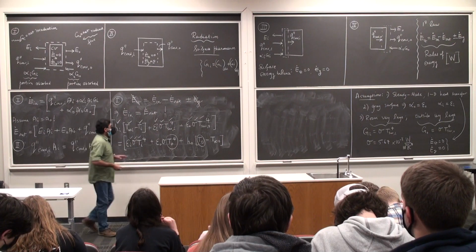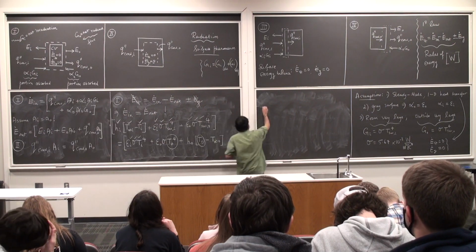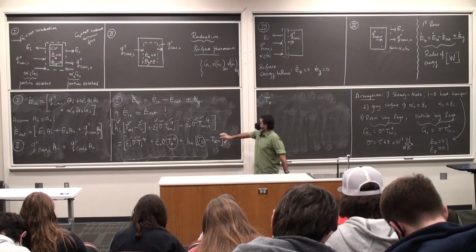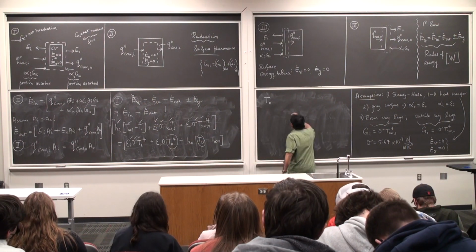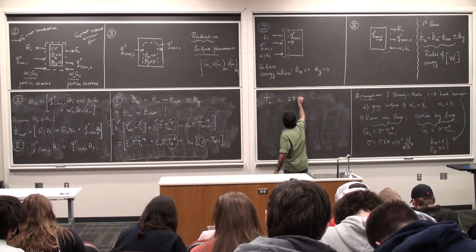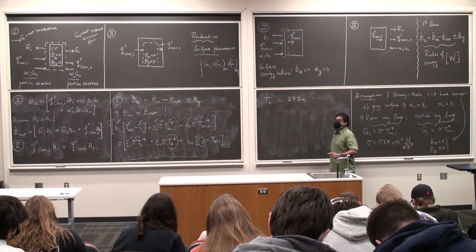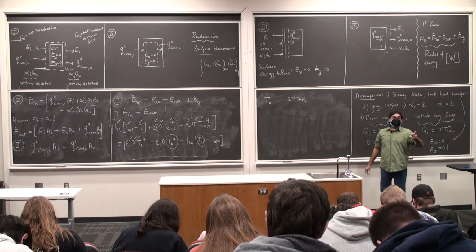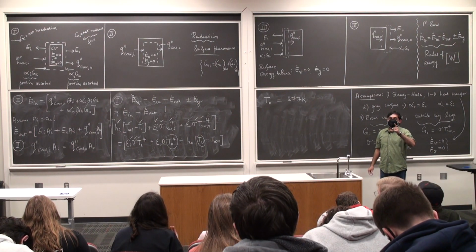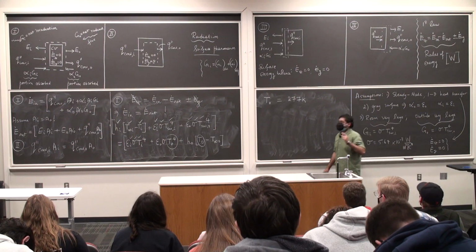Okay? The final answer, check your answers, and my posted solutions will contain all the numerical steps as well. T naught will end up being 277 Kelvin, always. Temperature in heat transfer will be in Kelvin.